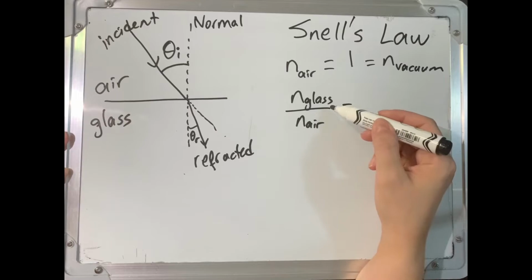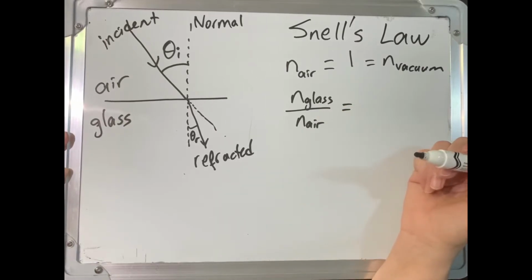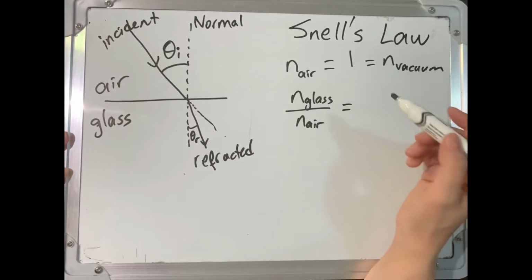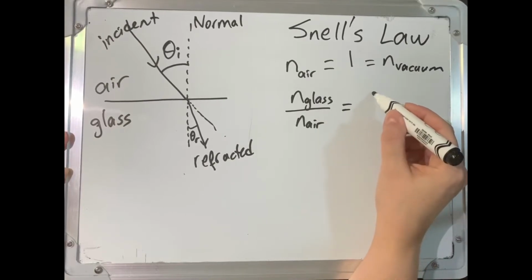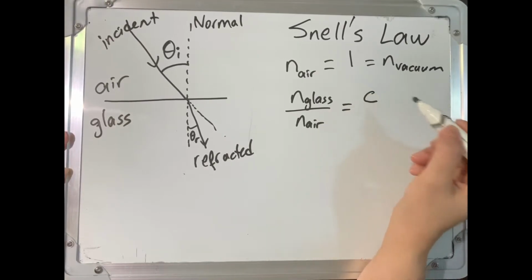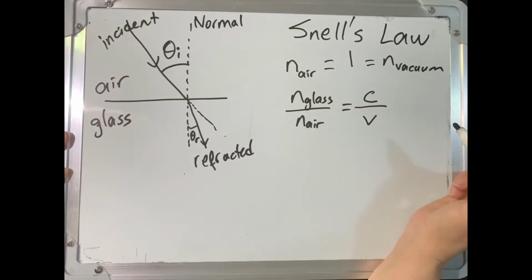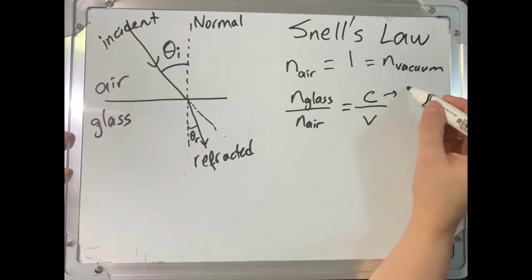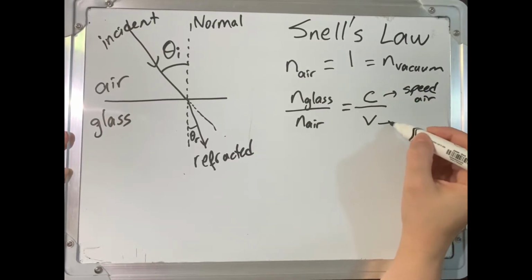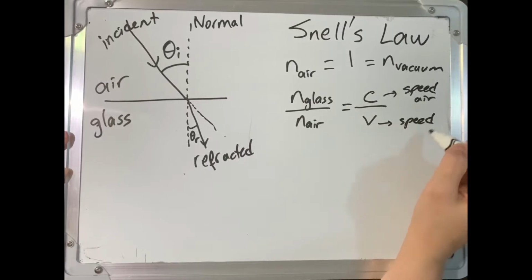So index of refraction is inversely proportional to the speed that the light moves in it. So this ratio has to be equal to speed of light in air divided by the speed of light in the medium. So this is the speed in air, and that is the speed in glass.